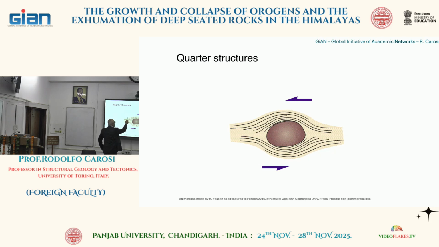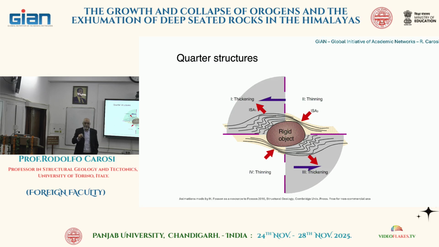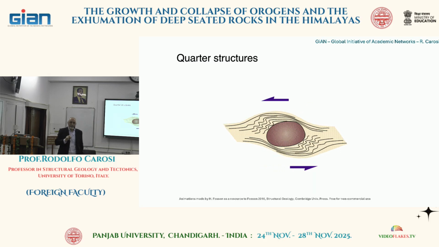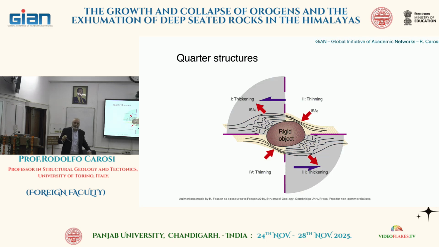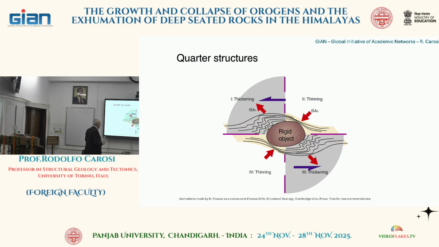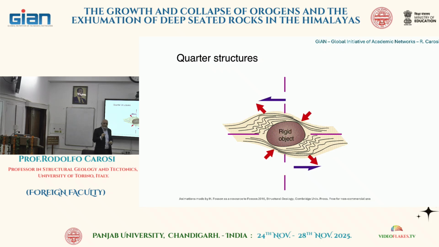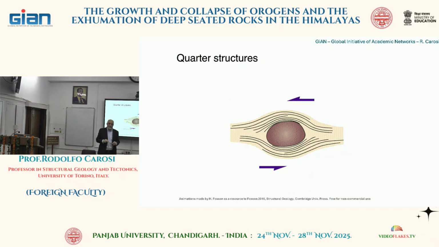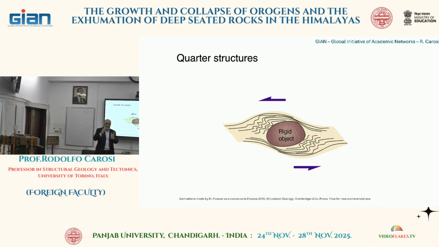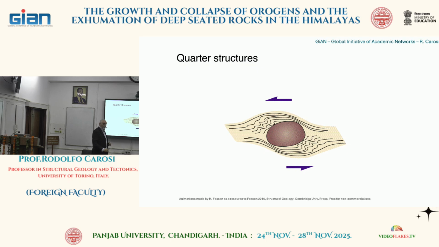Okay. ISA, do you know what is ISA? It should be instantaneous stretching axis. I spoke about finite strain up to now, but more correctly, we should speak about instantaneous stretching axis. The deformation that instantaneously happens in each increment of deformation.